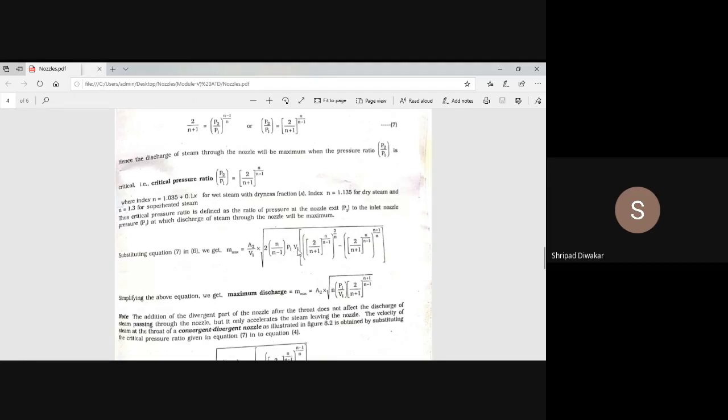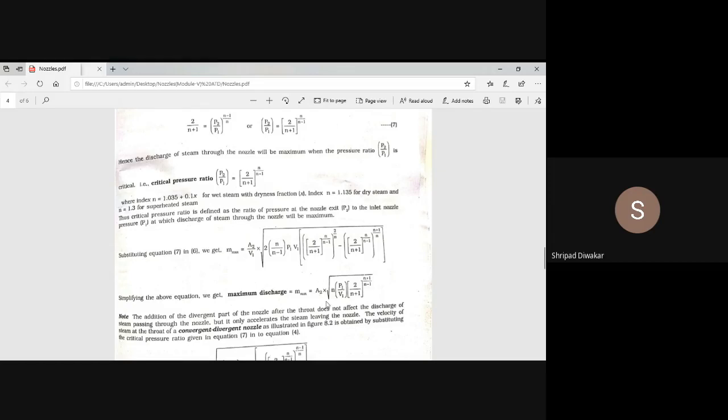This V1 is this V1, and after simplifying you will get square root of n divided by, simplifying this index, 2 divided by n plus 1 into n plus 1 divided by n minus 1. After simplification of this term you get 2 divided by n plus 1 to the power of n plus 1 divided by n minus 1, and you get P1 divided by V1 into A2 as it is. After simplification we get this. This is m max, the simplified form.